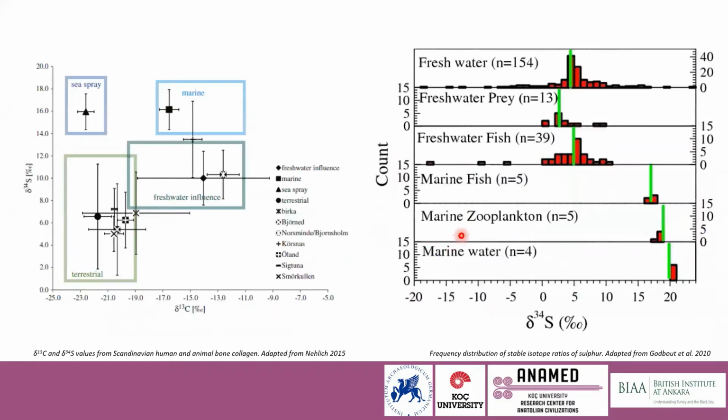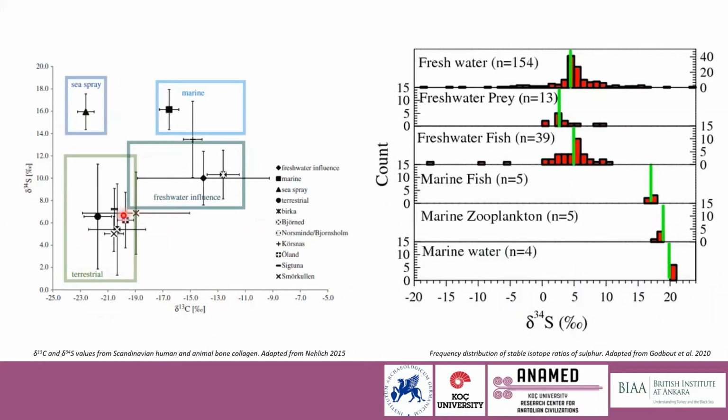So this is just a quick example. Here, between marine and freshwater, we see two distinct values more or less. And then this example from an article by Nalick in 2015 shows delta sulfur 34 on one axis and delta carbon 13 on the other.